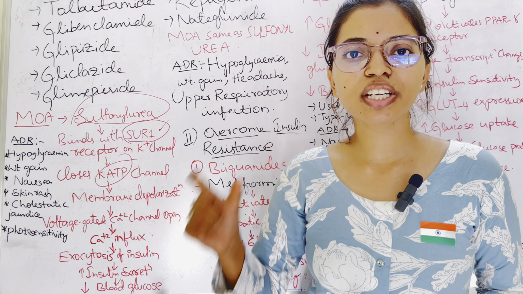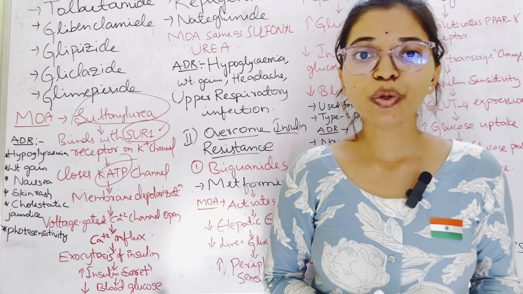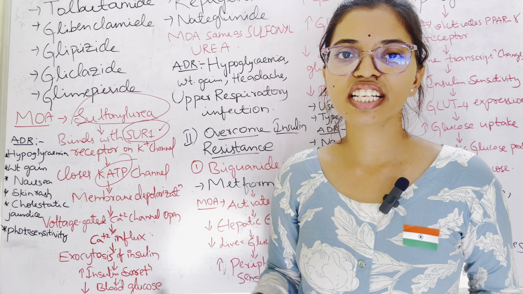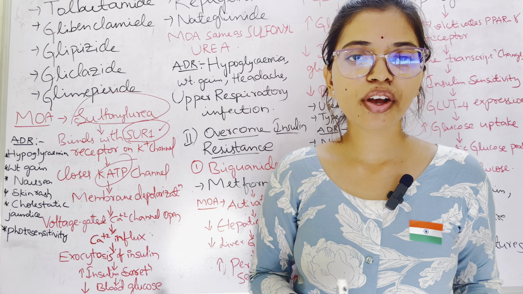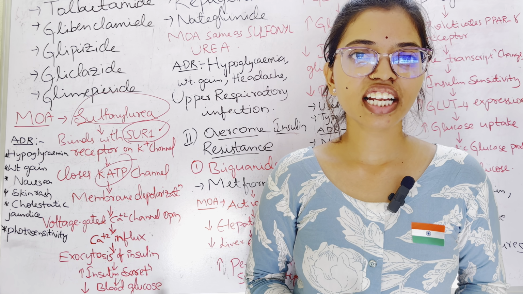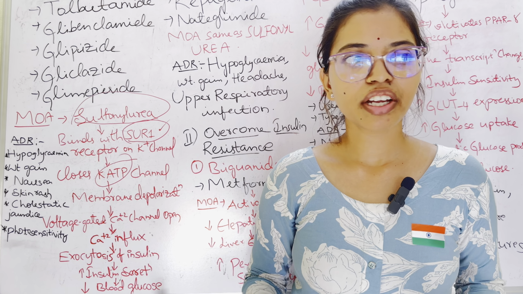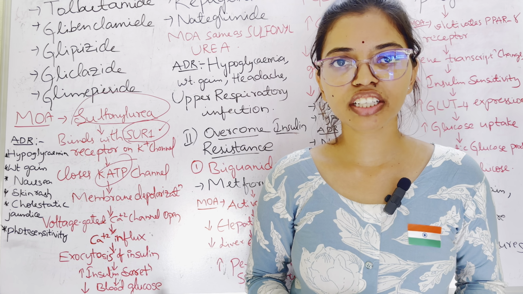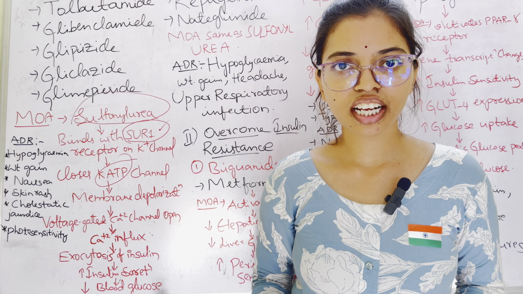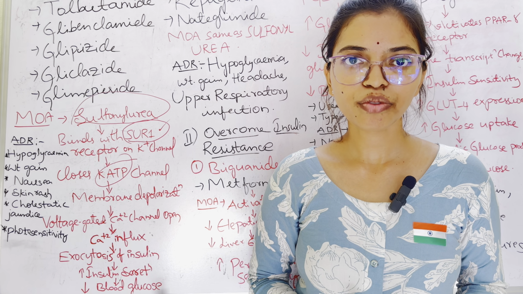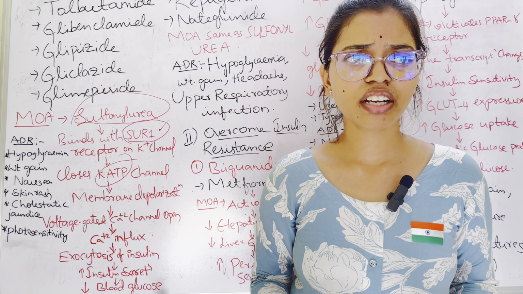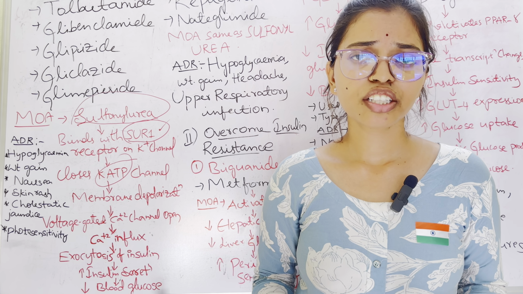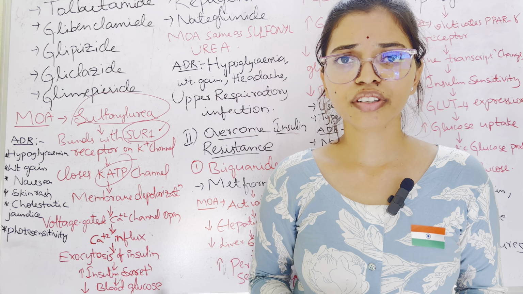Then the glucose is stored in the target cell and utilized when we require it, when we do muscle activities or exercise, any movements, for our daily regular activities. So the stored glucose will be helpful.